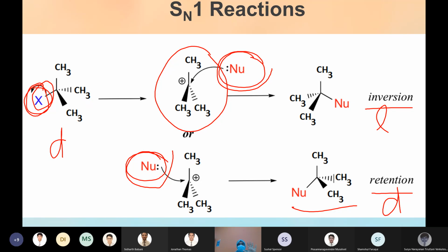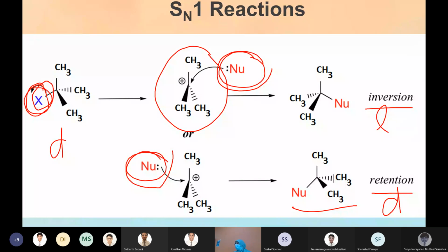That means the configuration of the original molecule, in some of them will be retained, that is known as retention, and in some of the molecules the configuration is inverted. So both are possible. That means you are getting a mix of product in SN1. In SN2, there is no other possibility, only the attack from the rear side, so you will get only inversion.